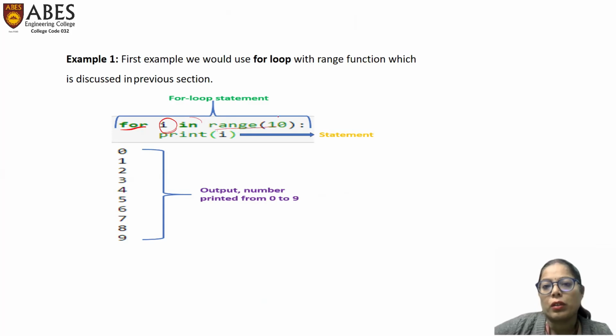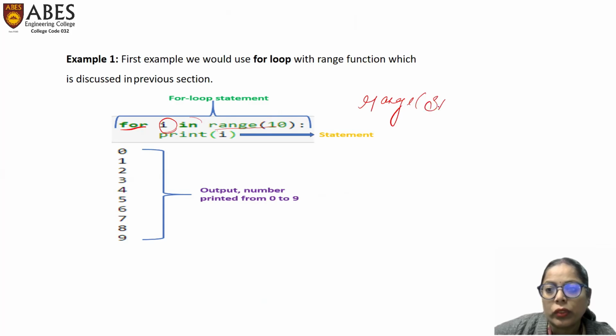So here, in place of the sequence, what we are writing is range and 10. Here you can see that we have only one argument, and I have explained in the range function that there can be three arguments: start value, stop value, and step value.